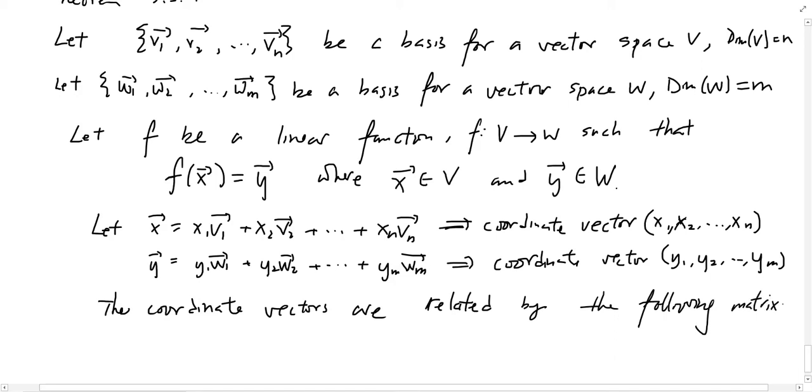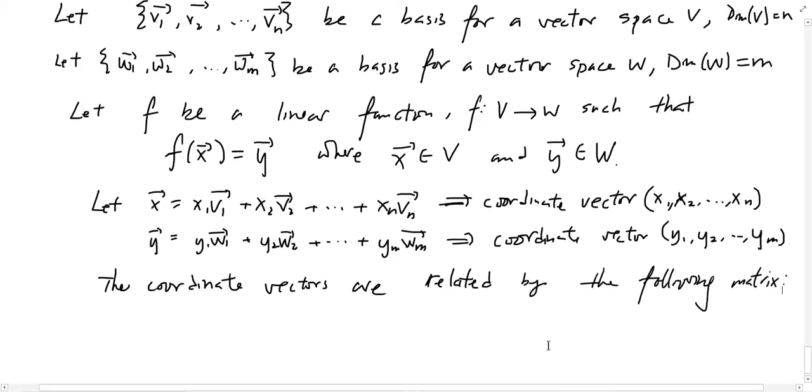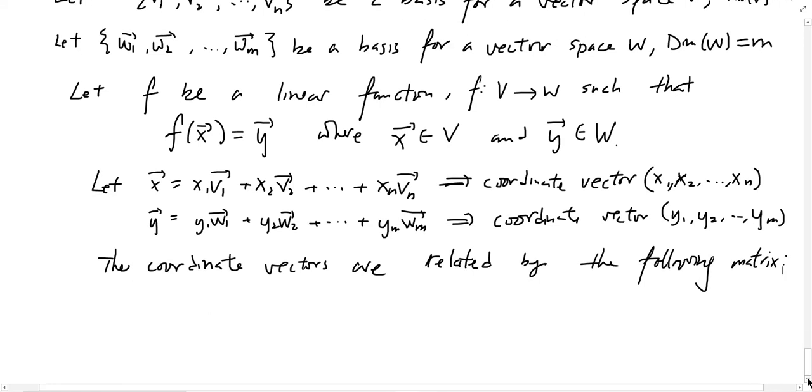So essentially, we can now define a matrix that relates the input and output. So therefore, we can define a new function. Function f is defined for vector space V to W. We're going to define a new function that does the same thing as function f, but instead, this function works from Rn to Rm. It works for the coordinate vectors.